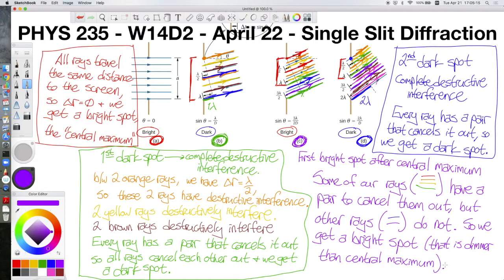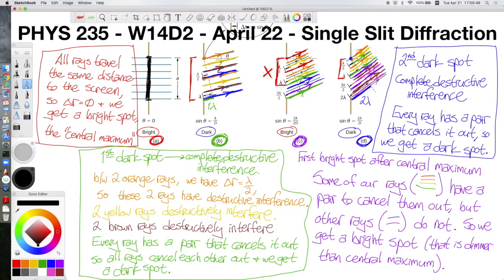And our bright spot here is going to be dimmer than the central maximum. Hopefully that makes some sense, because in our first diagram over here on the left, none of our rays had pairs that canceled each other out. So it's the light that travels through the entire slit that is all constructively interfering. But when we looked at our first bright spot after the central maximum, all of these rays that I bracketed in red all cancel each other out.